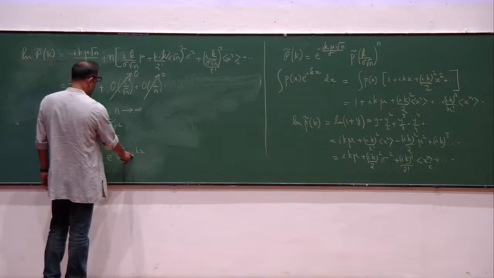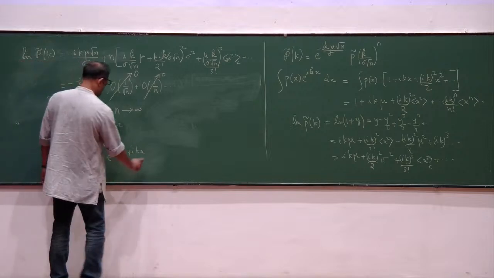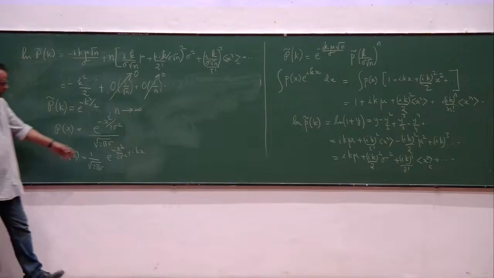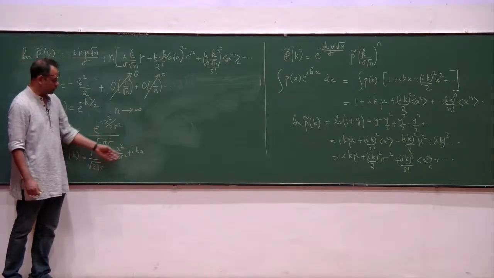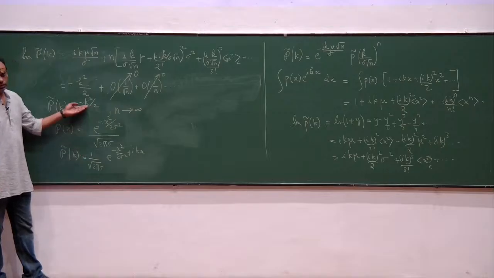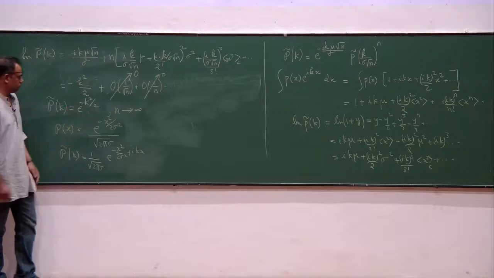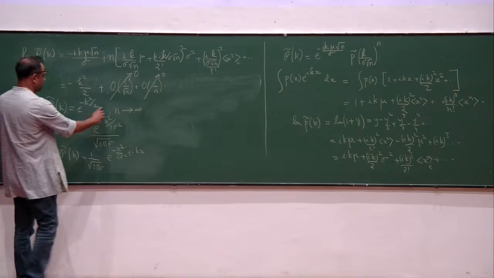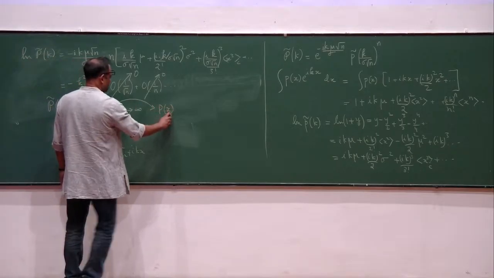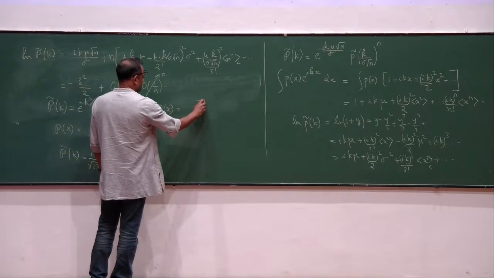This I can complete the square. So I can do, okay, I will not do this. This calculation I leave to you. If I complete the square and take the answer, I get an answer like this with sigma equal to 1. So this exercise I leave to you. If I do the inverse Fourier transform, I get e to the minus x square by 2.